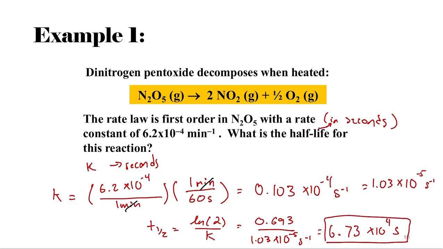Did everyone get something similar? Good. Right, so this question, and most half-life questions, unless they're layered, this is just asking explicitly about a half-life, is relatively straightforward. You can see how these questions can get relatively layered if I gave you a data table to then figure out the order of the reaction.